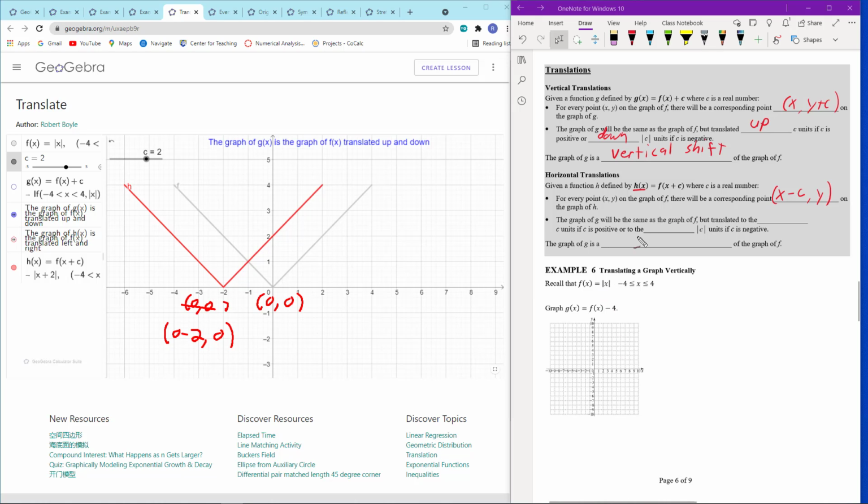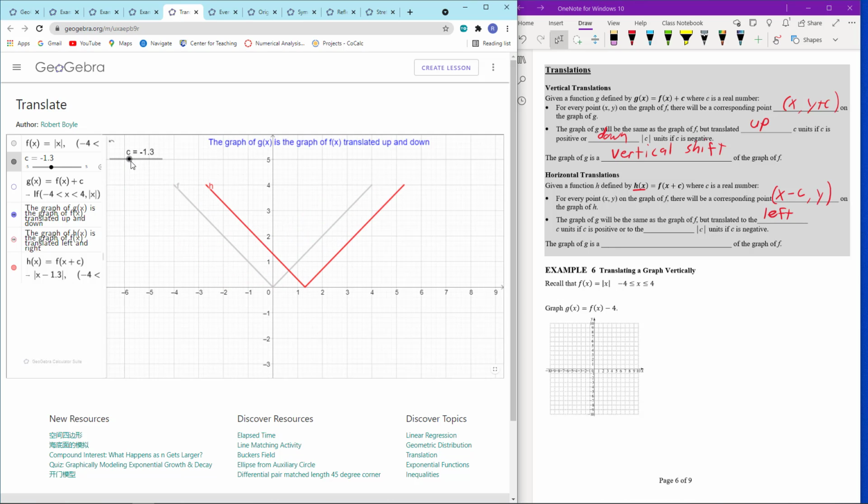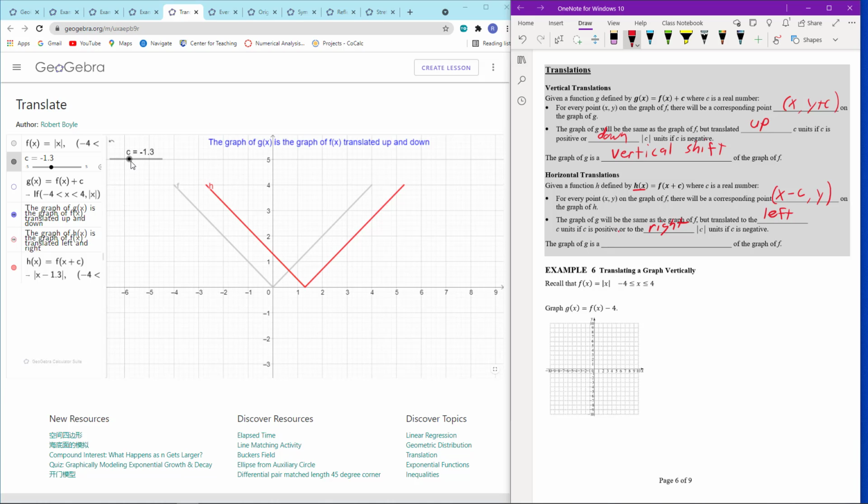So the graph will be the same as f, but it will be translated to the left if c is positive, and when c is negative, it gets translated to the right. The graph of f of x plus c is what we call a horizontal shift.